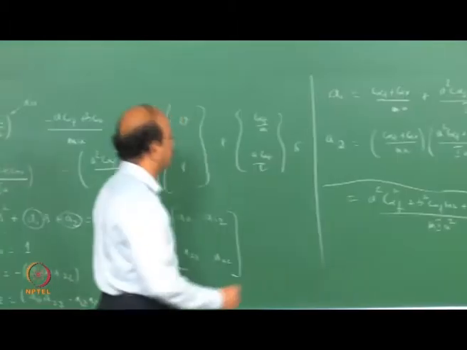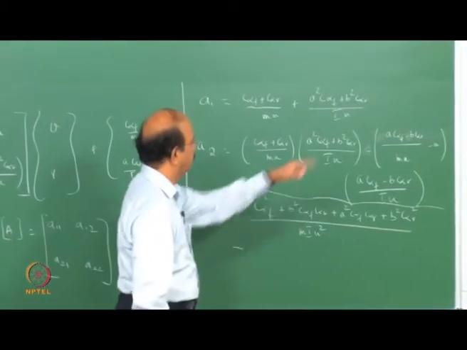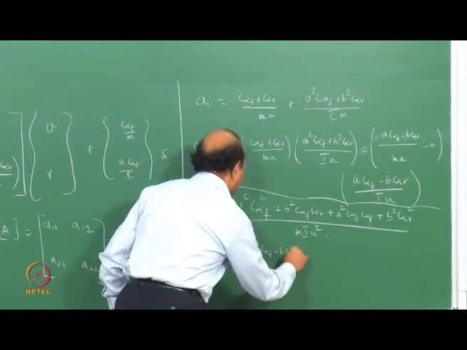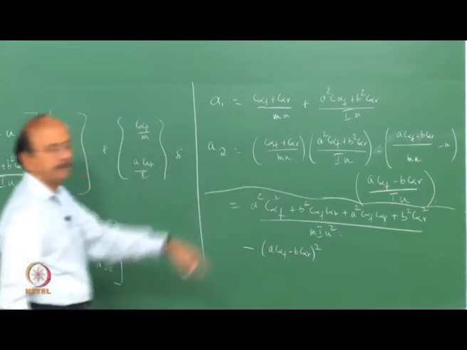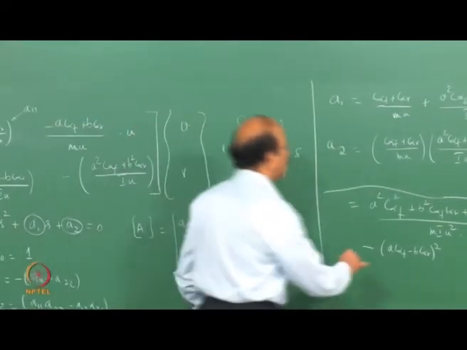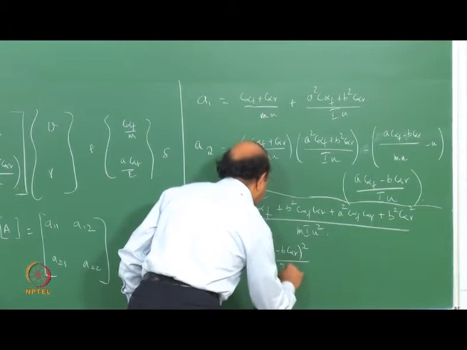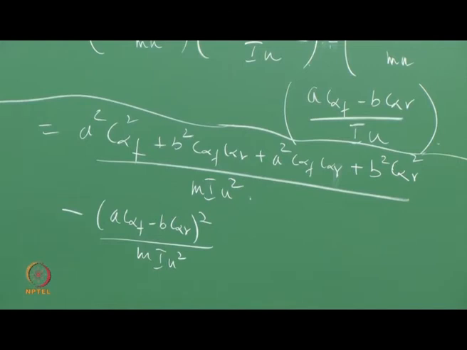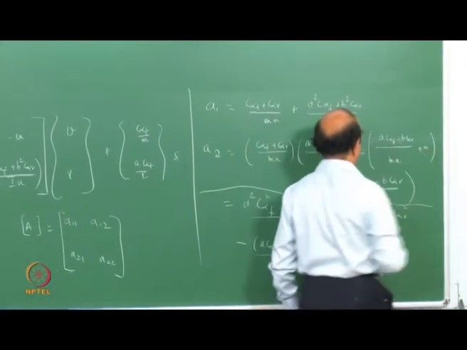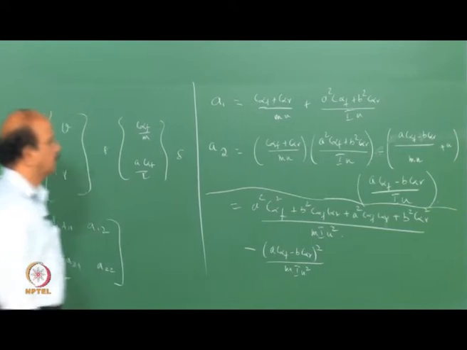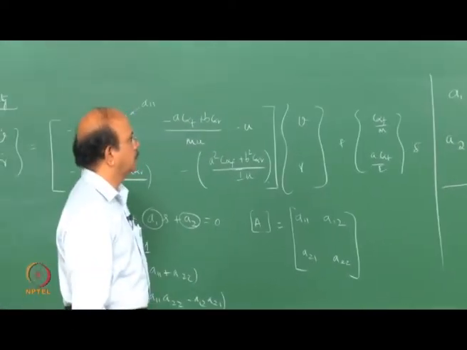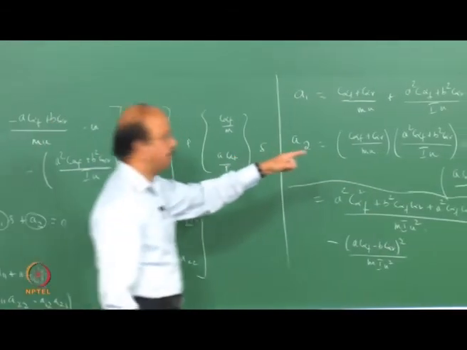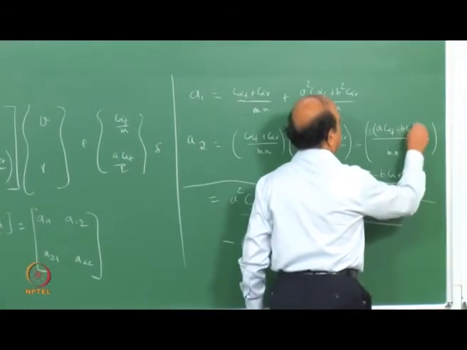The first term now becomes minus (A C alpha F minus B C alpha R) whole squared divided by m I u squared. That is because there is a minus, I had taken that out, right?